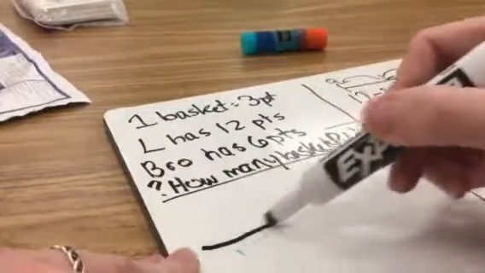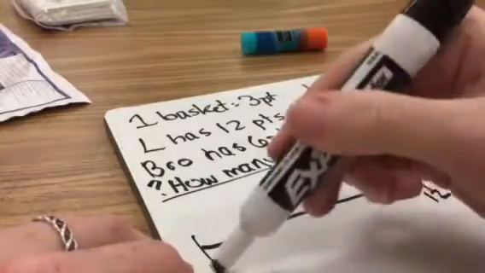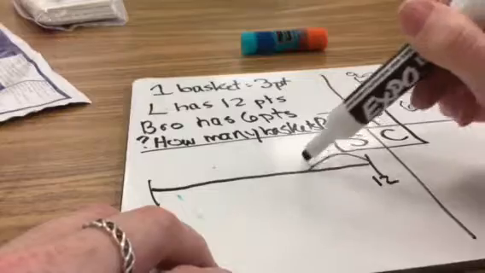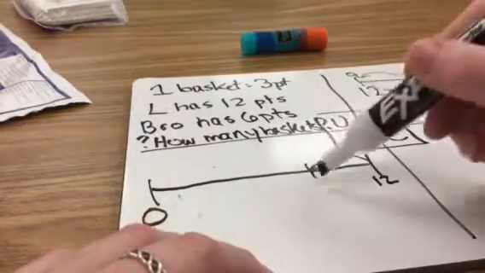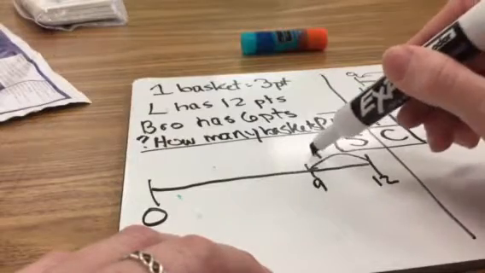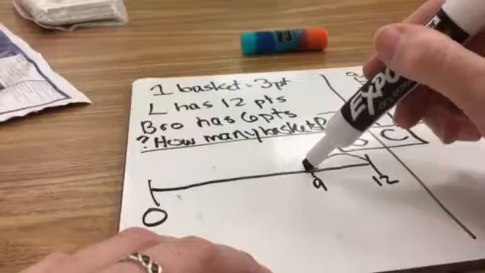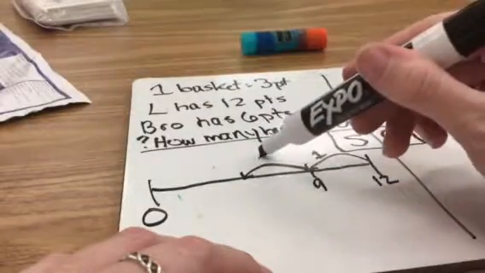So for the first one, Lamar is 12. We're trying to get back to 0. So we're going to take away, this is 1 basket. So 12, take away 3 is 9, so that's 1 basket. We're not at 0 yet. We're going to take another 3 for a second basket.